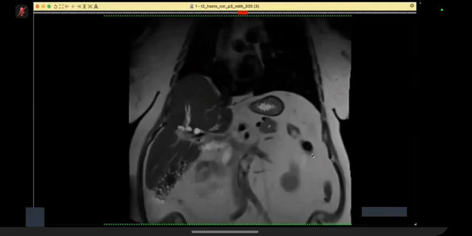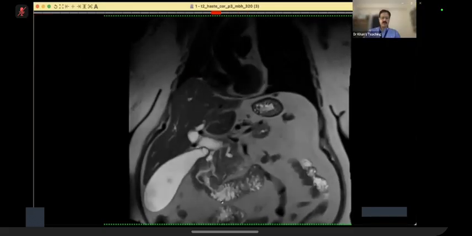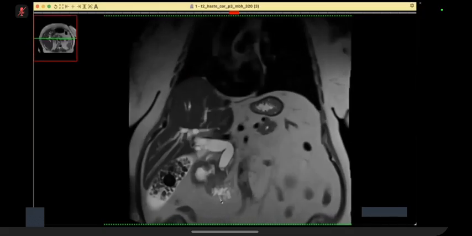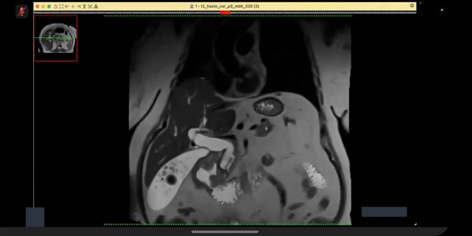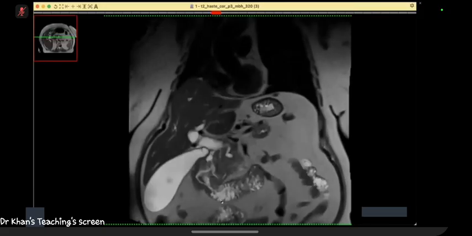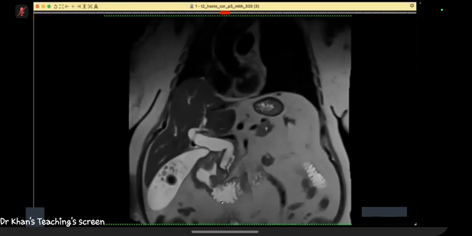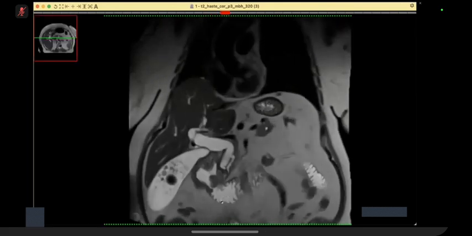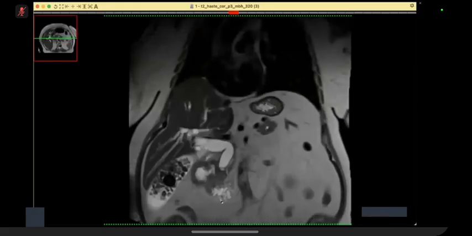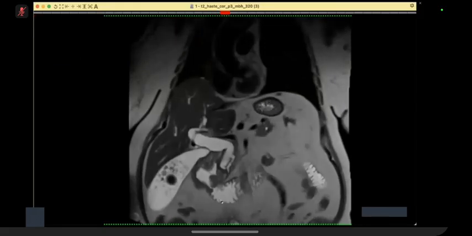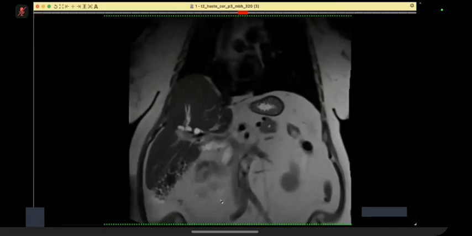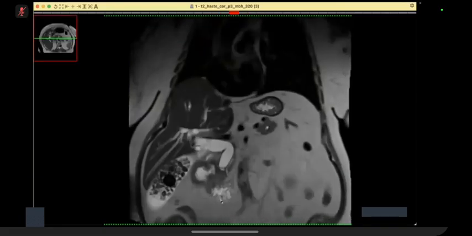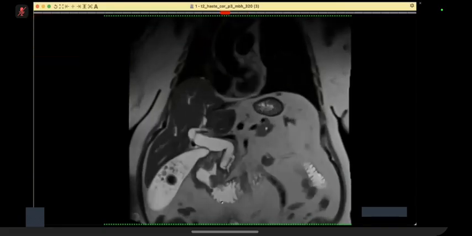Just concentrate on the gallbladder first of all. I'm just scrolling through the gallbladder for you. In the gallbladder, there are multiple T2 hypointense rounded foci suggestive of gallstones. The CBD is also looking prominent along with prominent IHBRs, and at the distal end of the CBD, I can see some small hypointense area.